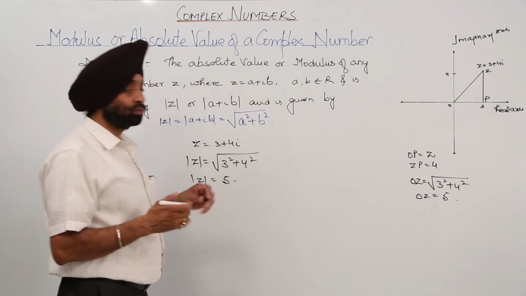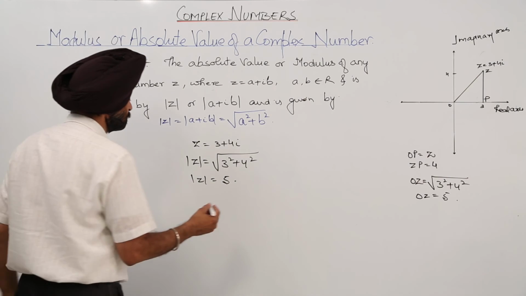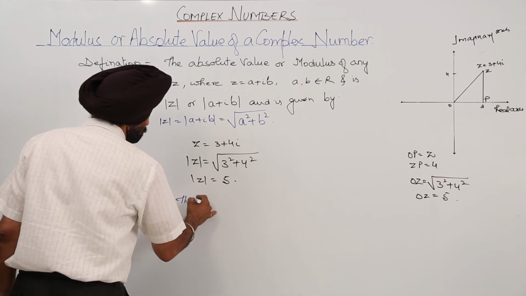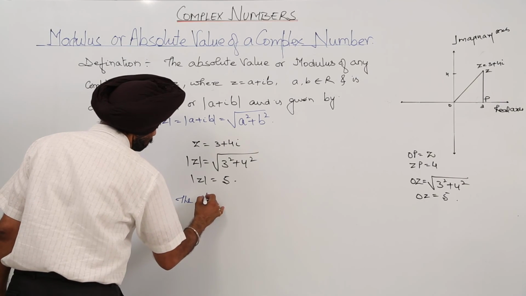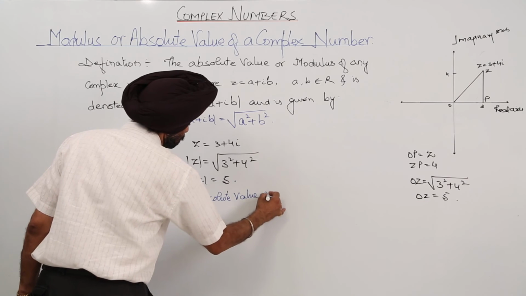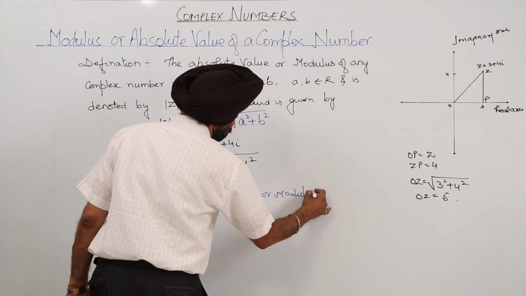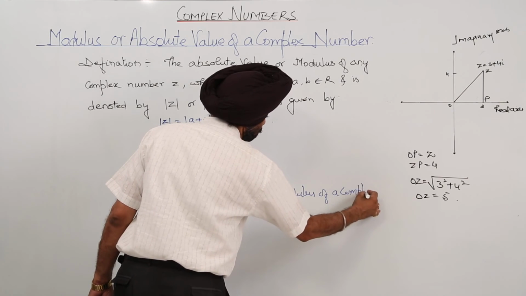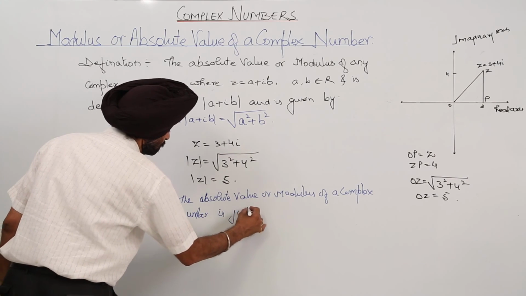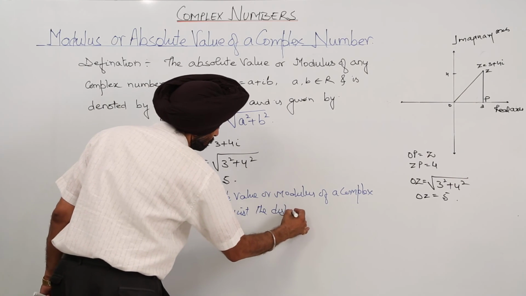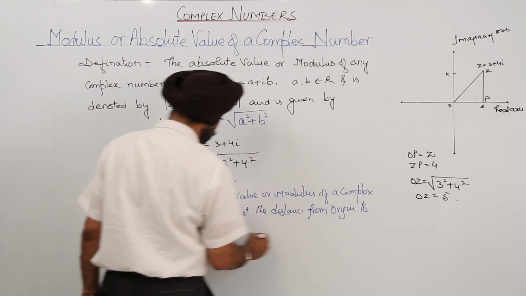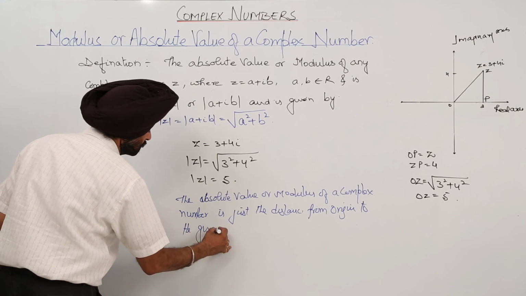So from these two, what we are getting is that the absolute value or modulus of a complex number is just the distance from origin to the given complex number.